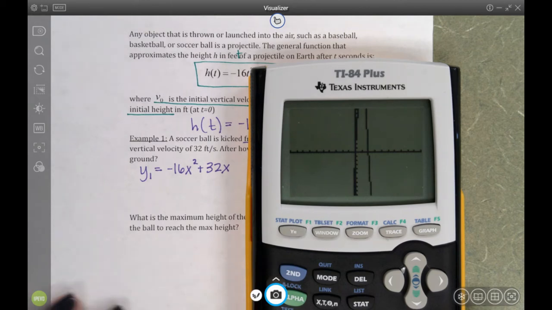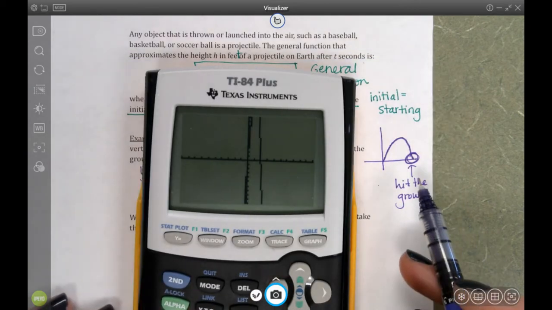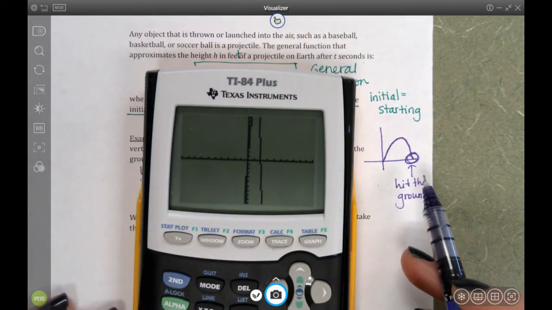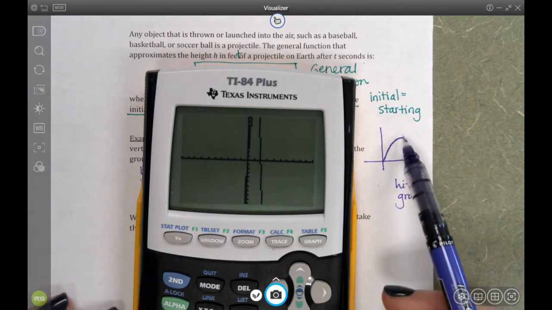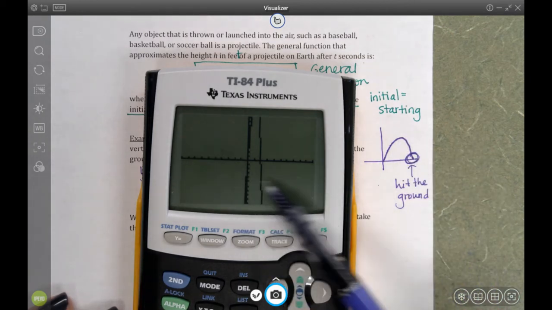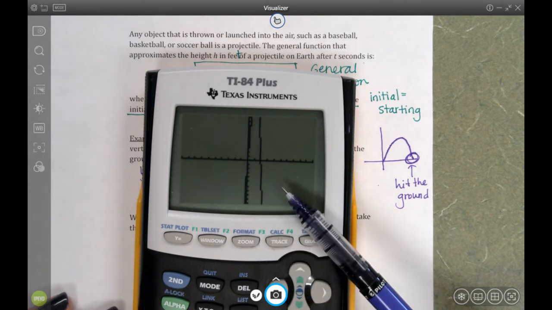Okay, but does that graph look like the one I drew right here? It kind of does, but I can't see the top. And on my graph over here, I've got all this extra stuff around the sides that I don't need.